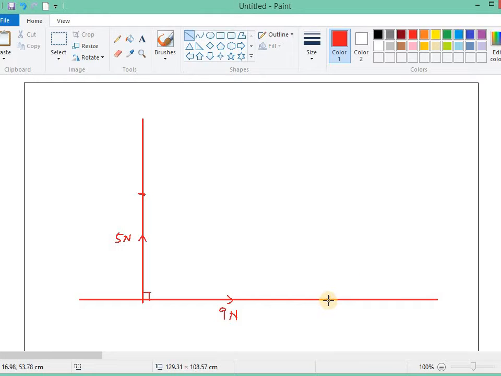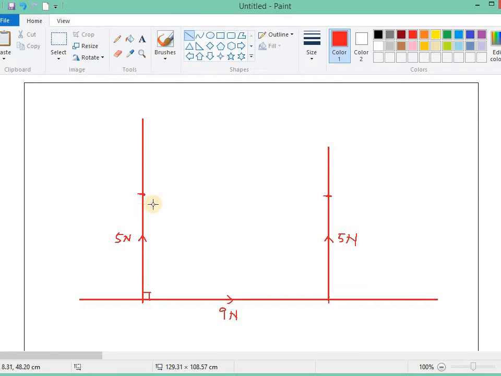From here I measure 90 degree and then I measure 5 centimeter here also. So here also 5 centimeter, and this one also represents 5 Newton.